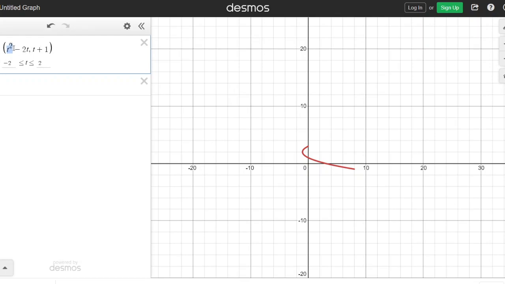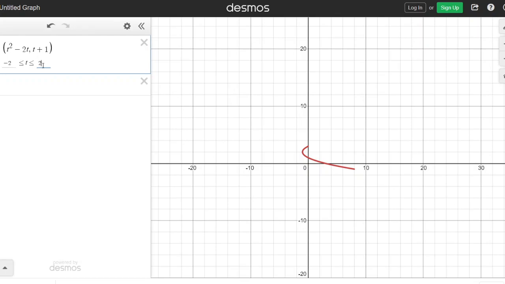This is the function of t defining x, and the highlighted part is the function defining y. So by that we mean the parametric equation is x equals t squared minus 2t and y equals t plus 1, and t is ranging from -2 to 2.